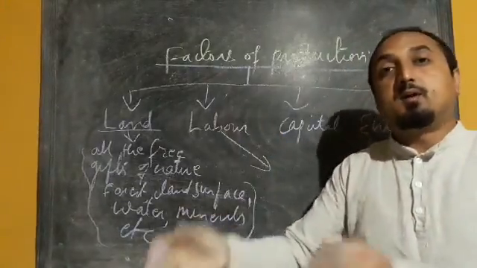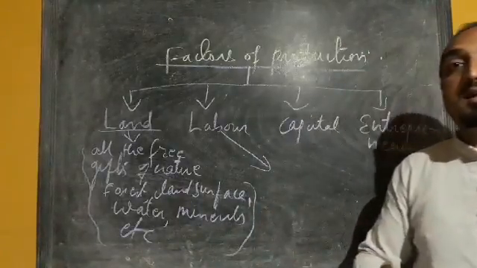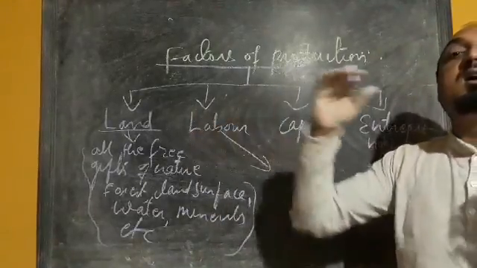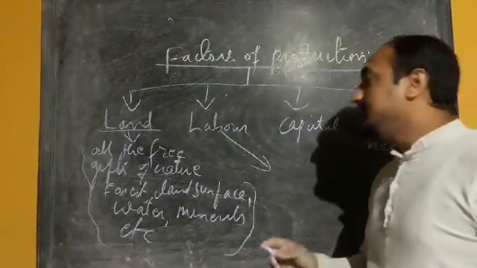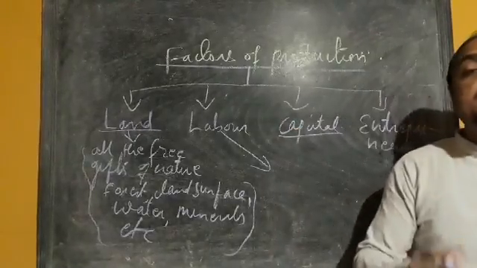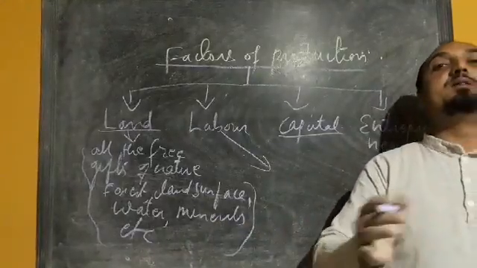The physical labor means the one who is using his physical power, like porters, construction workers; that all comes under unskilled labor. Now next we have capital. What is capital? Capital is a produced means of production, man-made or produced means of production.